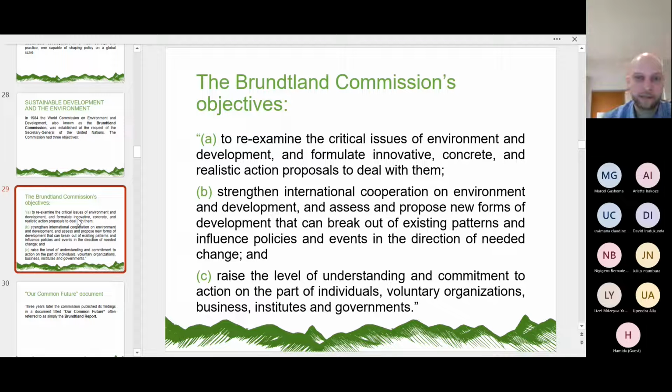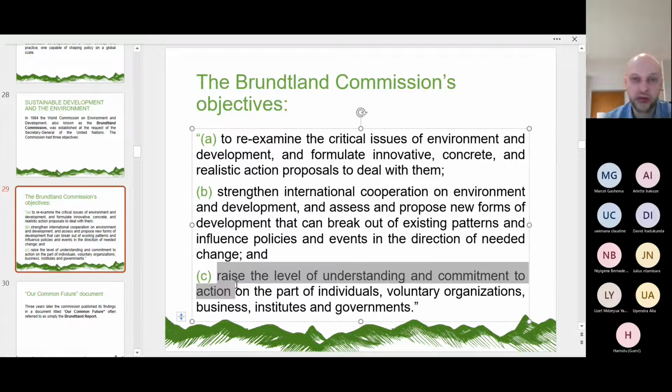And the last one, to raise the level of understanding and commitment to action on the part of individuals, voluntary organizations, business institutes, and governments. Now it is quite common to implement ESG mechanisms at corporations, but the roots of this can be traced from the Brundtland report.